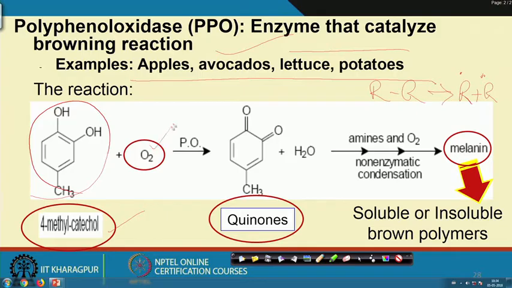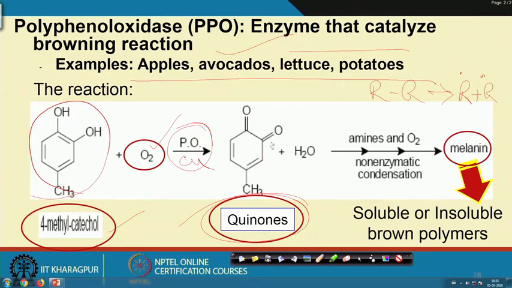In presence of oxygen and the enzyme, and there could be some catalyst like copper, which may also act as the catalyst, it reacts with oxygen, forming an intermediate compound called quinones.